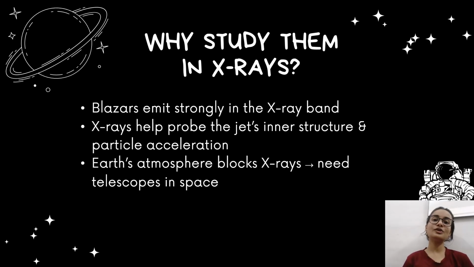NuSTAR is the Nuclear Spectroscopic Telescope Array, launched by NASA. This is the first X-ray satellite which helps us detect high energy X-rays. Its range is from 3 to 79 kilo electron volts, and it gives us very sharp spectra of blazars, black holes and even supernova remnants.